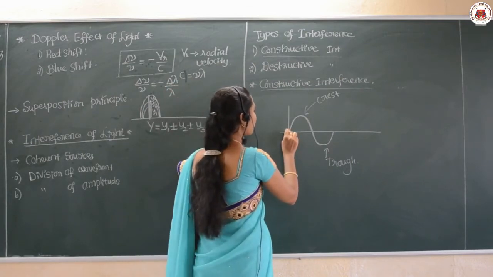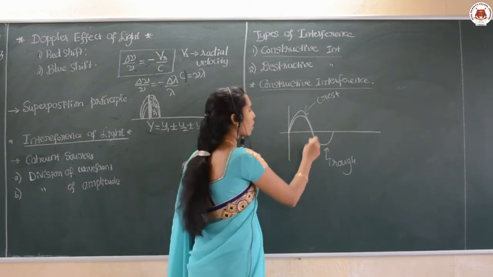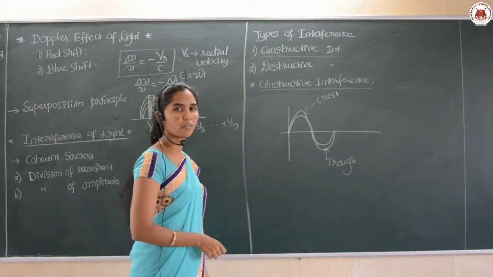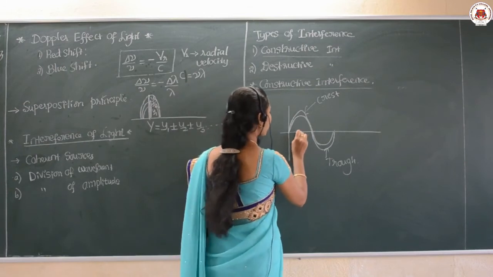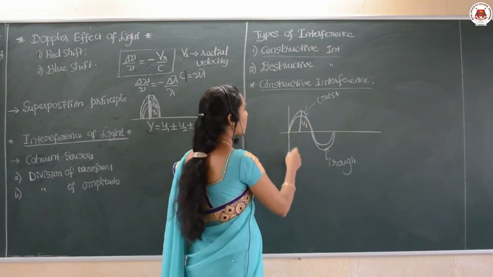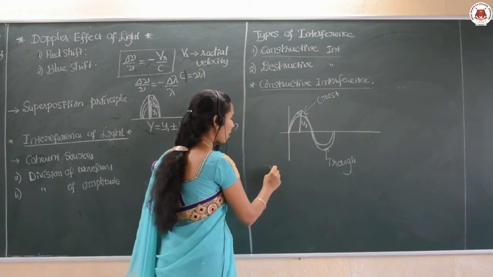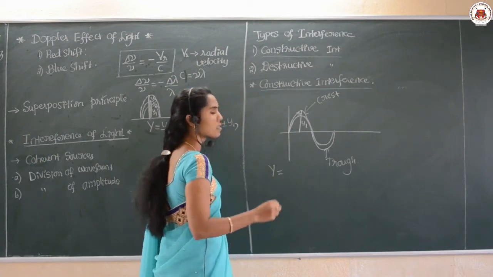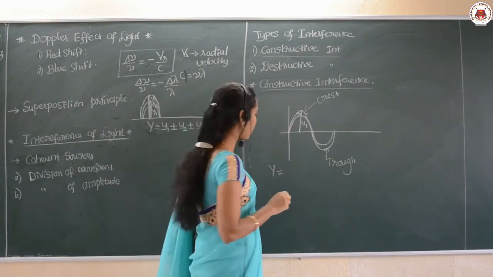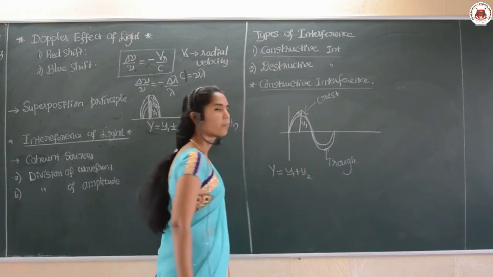When the crest of one wave falls on the crest of the other wave, or the trough of one wave falls on the trough of the other wave, what happens here? According to the superposition principle, here is the y1 distance and here is the y2 distance. At this point, the resultant, the total displacement of the wave, is given by y is equal to y1 plus y2, isn't it?